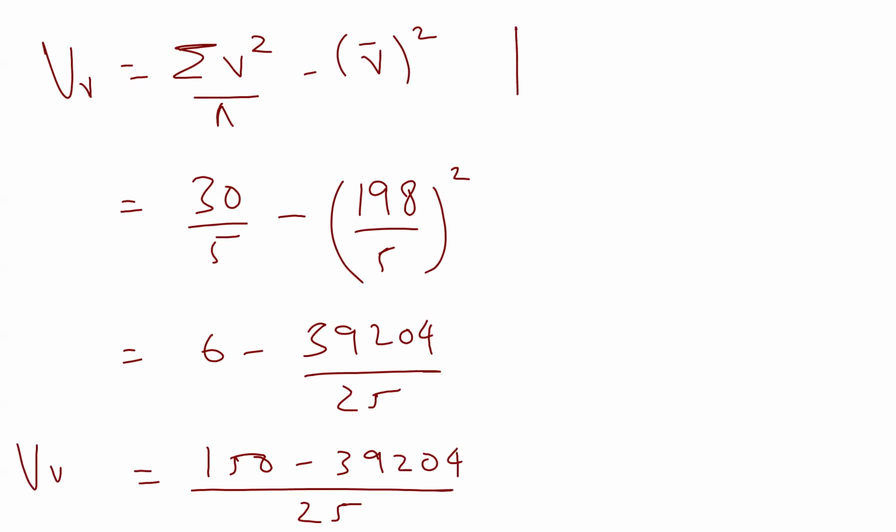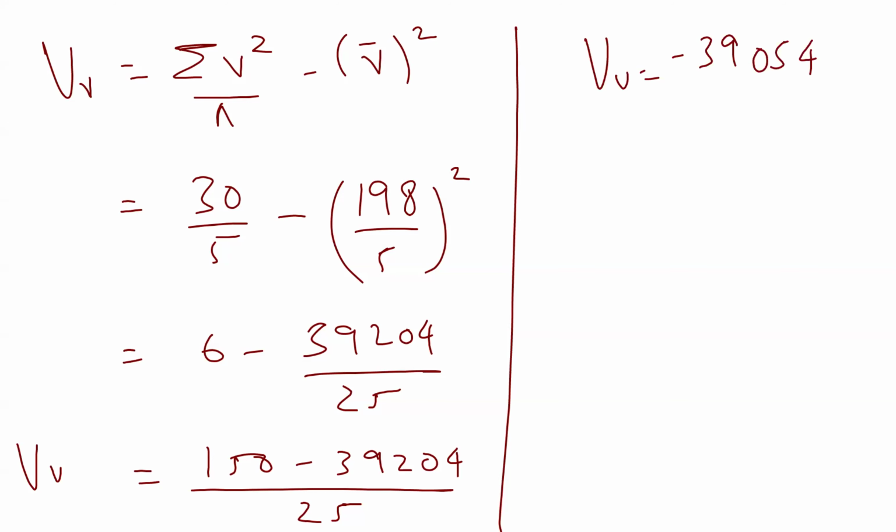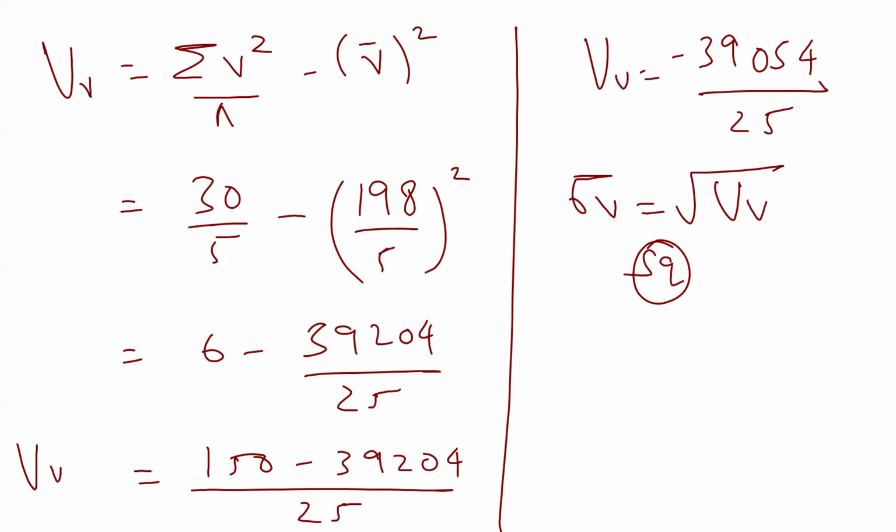Variance of v is equal to 150 minus 39204, that is 39054 upon 25. Now standard deviation of v is square root of variance of v, squaring both the sides.